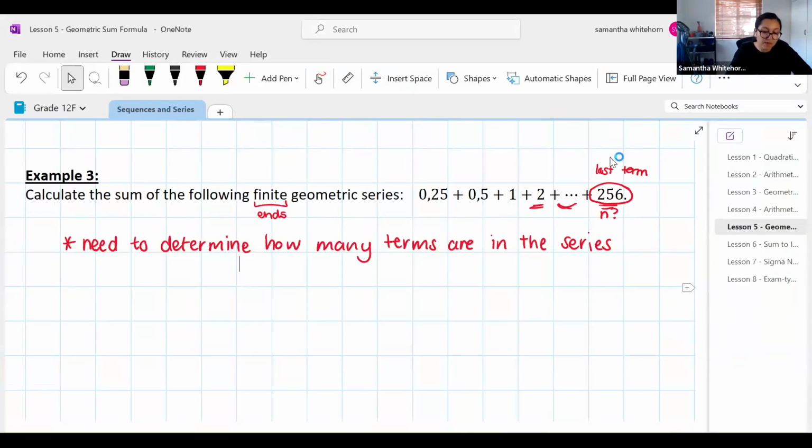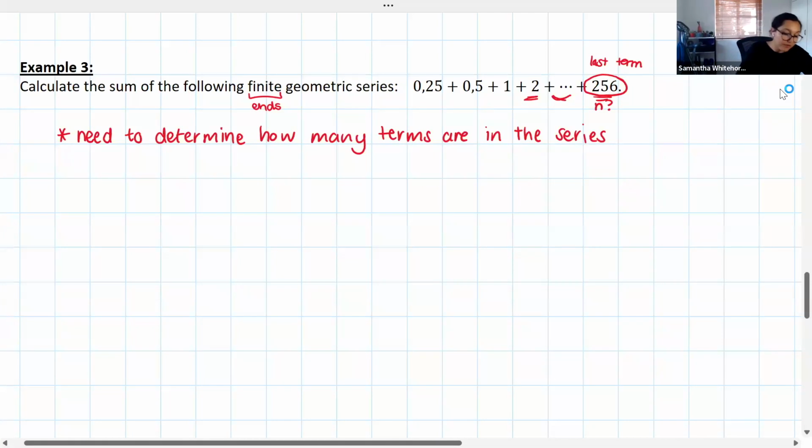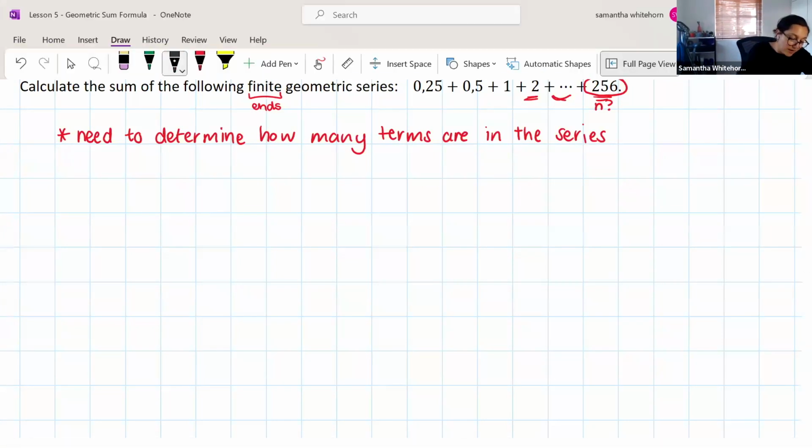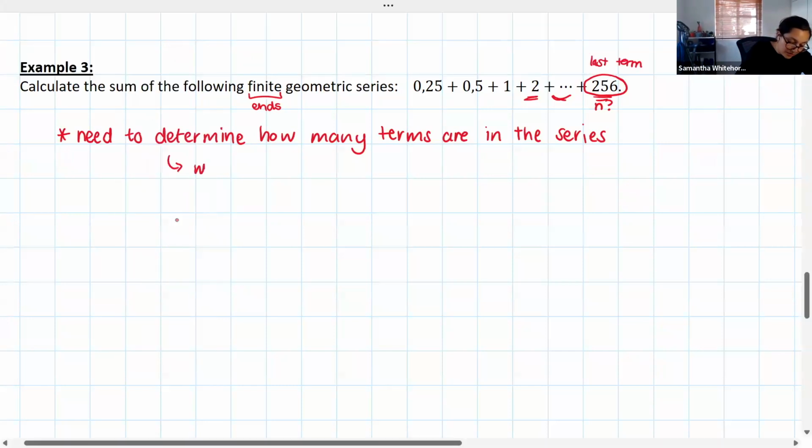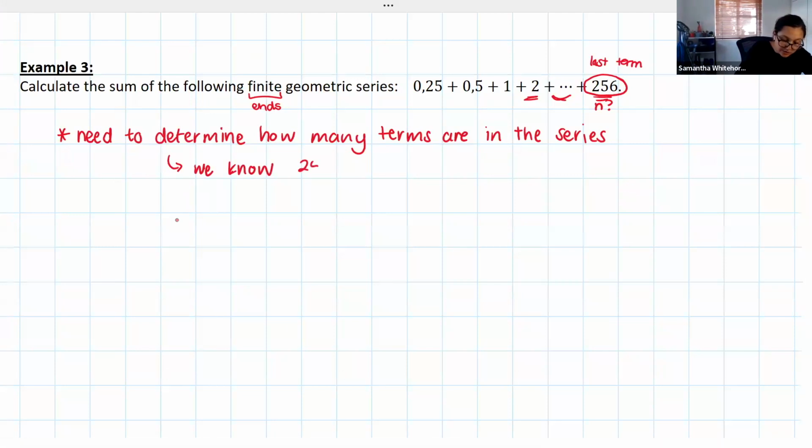Because we've got a term value, we are going to first need to use our TN formula in order to figure out how many terms there are. So we know that 256 is our TN value, and so that is the formula we're going to use.